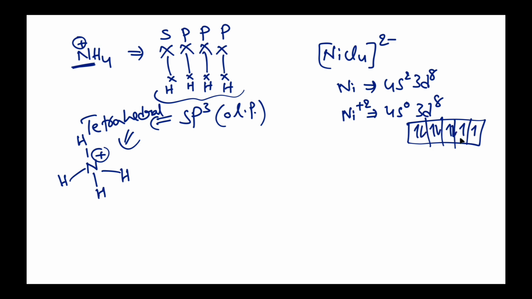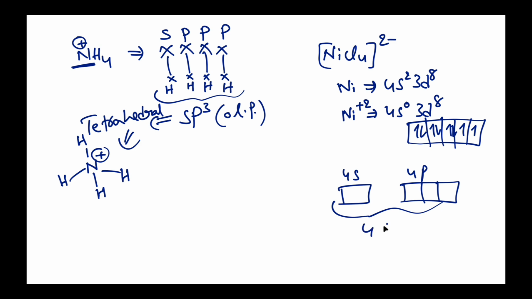Because of the weak ligand, these electrons do not pair. So the 3d orbitals are not involved in hybridization. The 4s and 4p orbitals undergo hybridization, and 4 sp3 hybrid orbitals are formed.